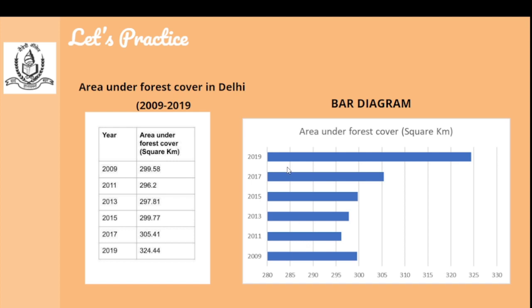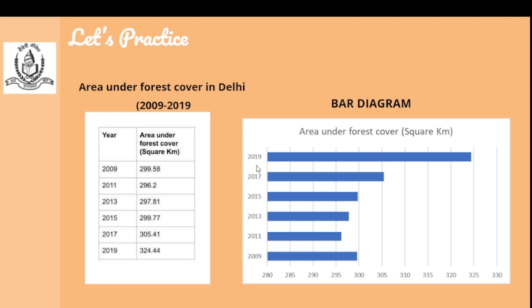On the vertical axis, you can see the different categories of data, and here the categories are represented by the individual years, from 2009 to 2011, 2013, 15, 17, and 19. On the other hand, the horizontal axis contains the values, represented by the area under forest cover observed for each of these different years.